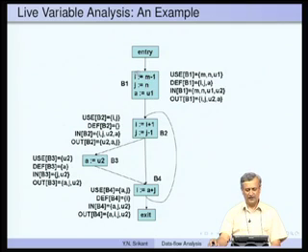M is not defined before the usage here, n and u1 are also not defined before their usage here. Therefore, the use set of the basic block B1 will have m, n and u1. The 3 variables I, j and a are definitely defined in the basic block before any use of I, j and a. Therefore, they are put into the def set of the basic block B1.